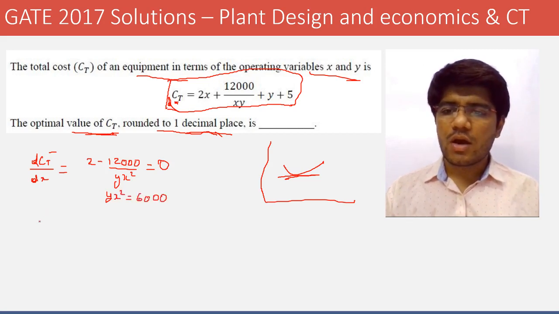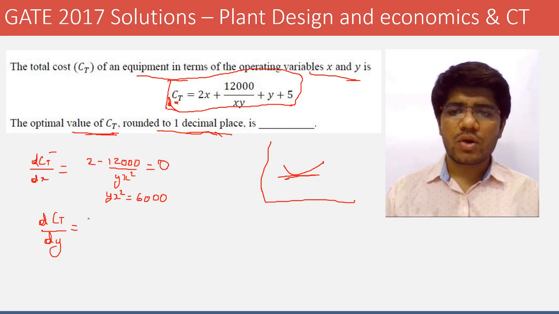Now we will differentiate the same equation with y, dCt by dy. We get 2x equals 0, then minus 12,000 upon x y square, and this y equals 1 and 5 equals 0.